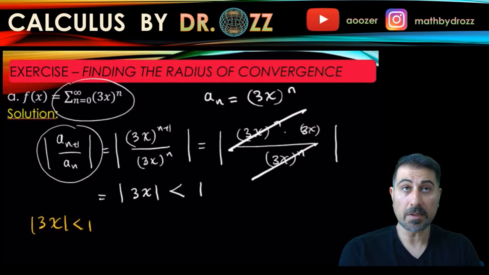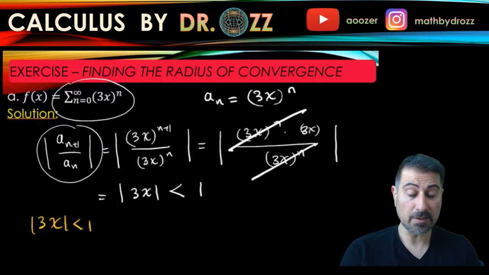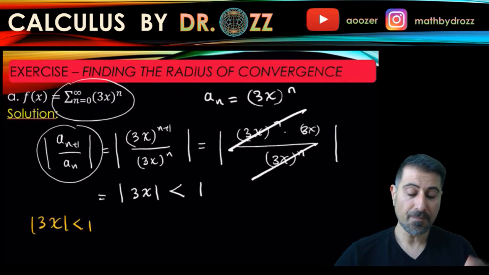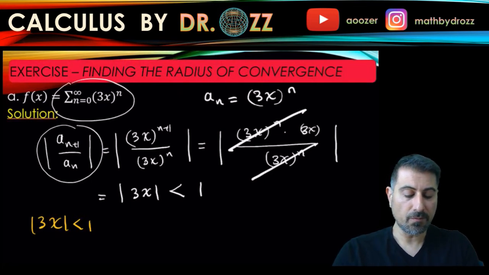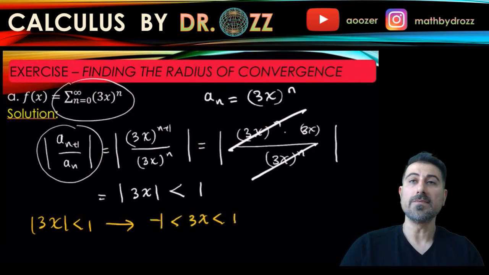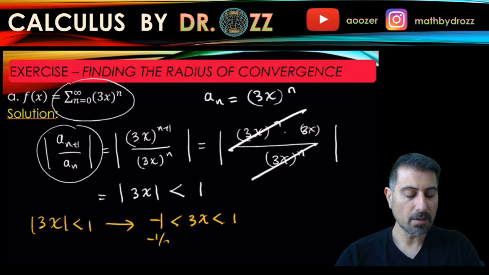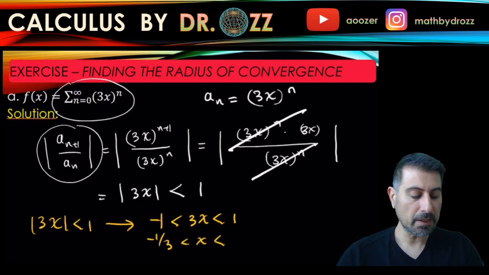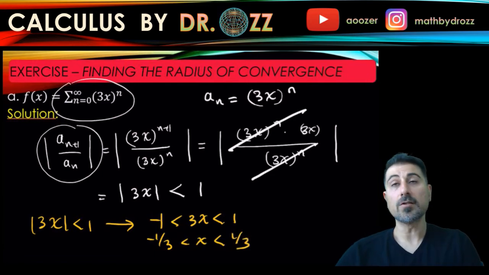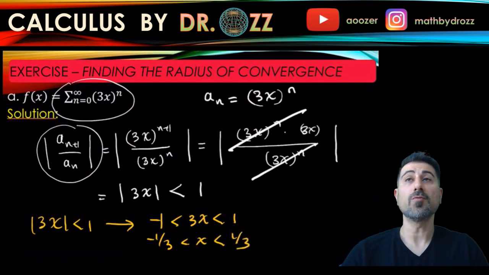Now I'm going to rewrite this in an explicit form to get an interval out of this. What that means is 3x is in between 1 and negative 1, and dividing both sides by 3 gets you to a good interval for x, which is that x is in between negative 1 over 3 and 1 over 3.